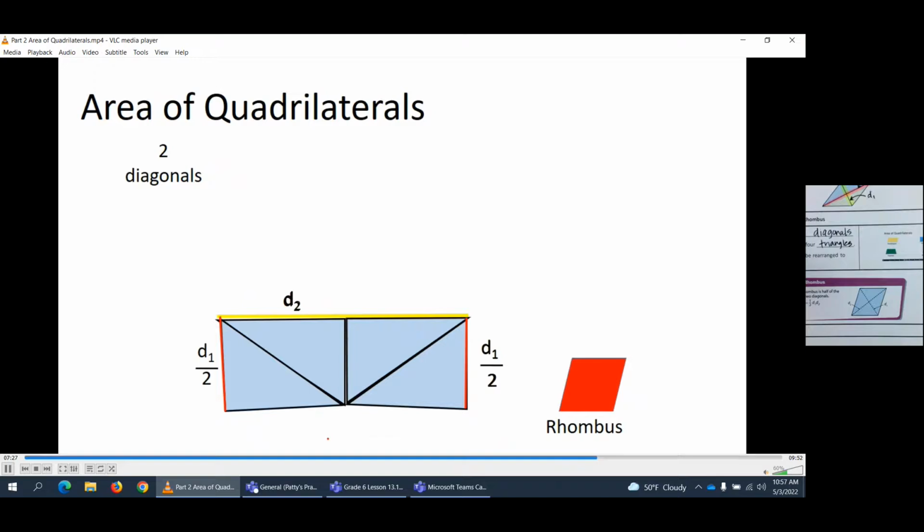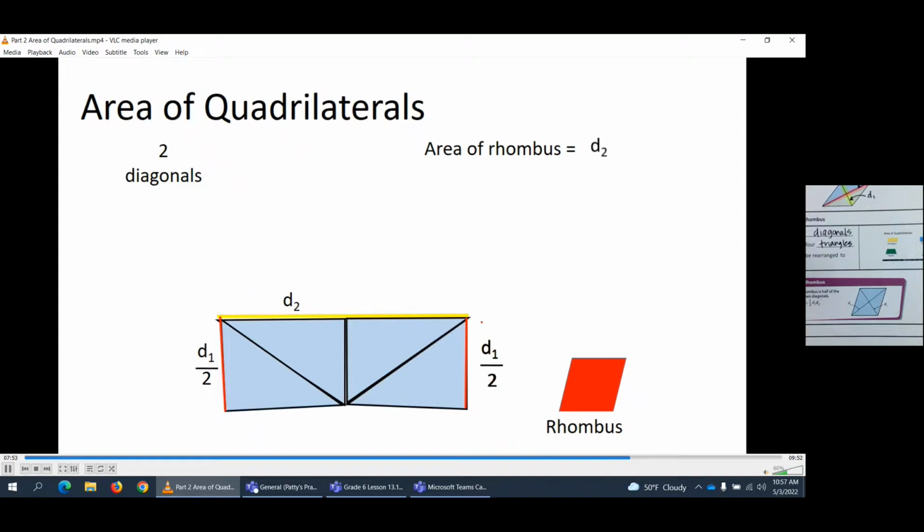And we know how to find the area of a rectangle. The area of a rectangle is its base times its height. And we see what the base is. The base is D2. So we're going to find the area of a rhombus by taking the base, which is D2, and multiplying it times the height, which is half of D1. half of D1 went over here, and the other half of D1 went over here.